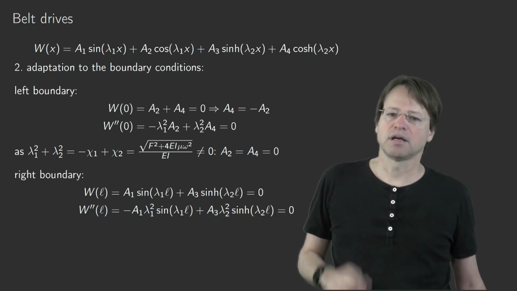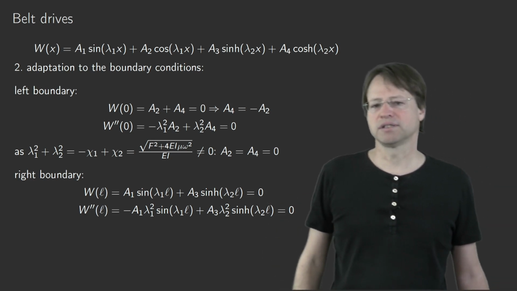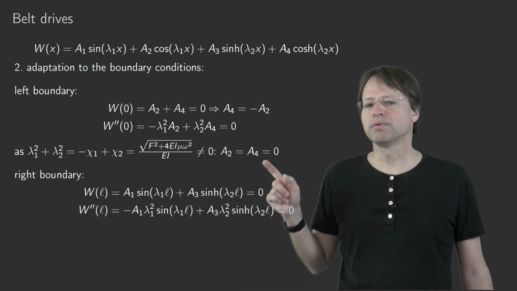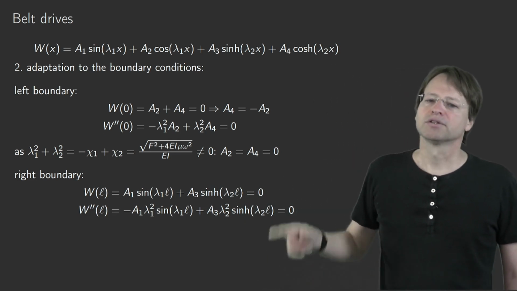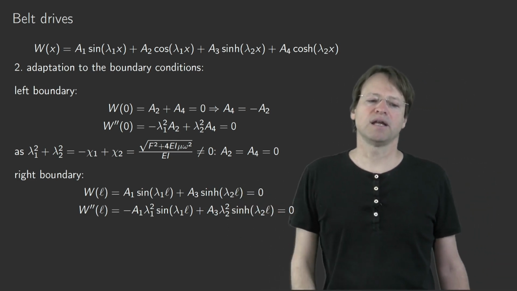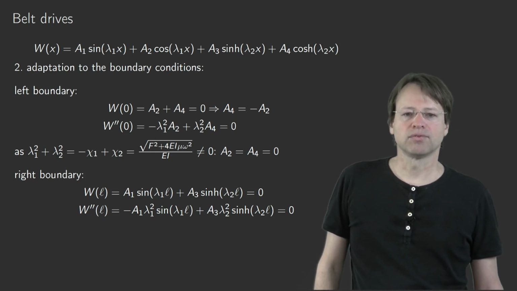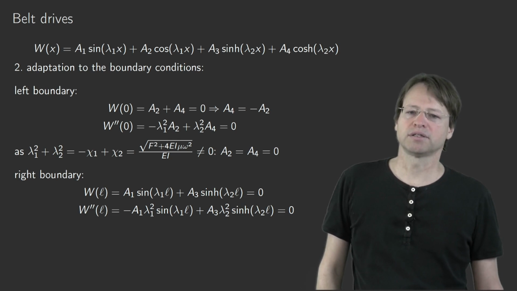As the hyperbolic sine function is just 0 for the argument being 0, we have no hope that this term is 0. We have no hope that the factor lambda 1 squared plus lambda 2 squared is equal to 0. So the only possibility here is that a3 is equal to 0. So we switch off the last but one term, the term with a sub 3.